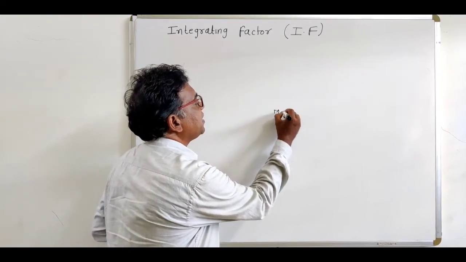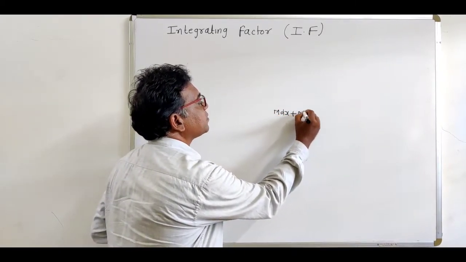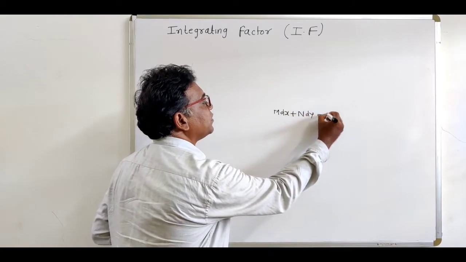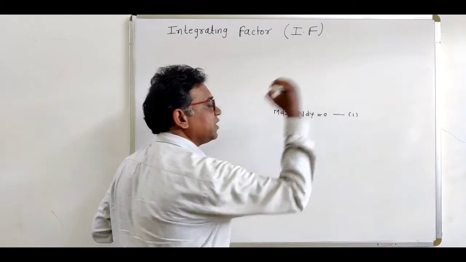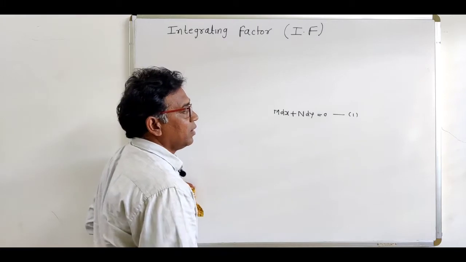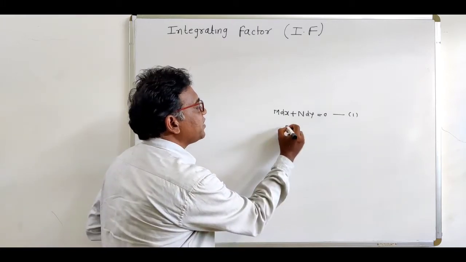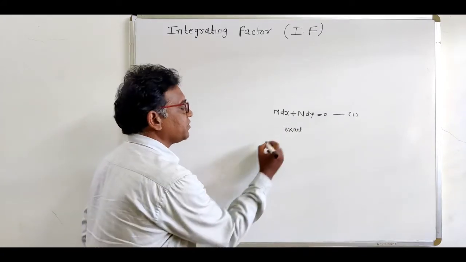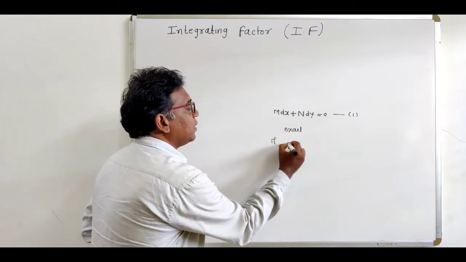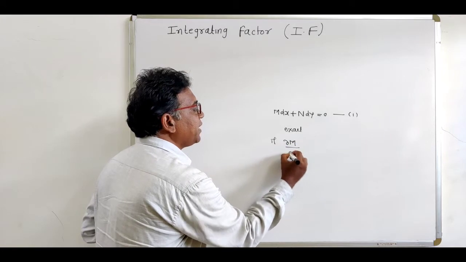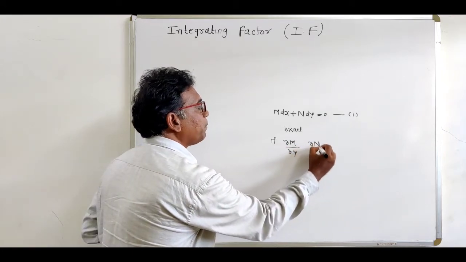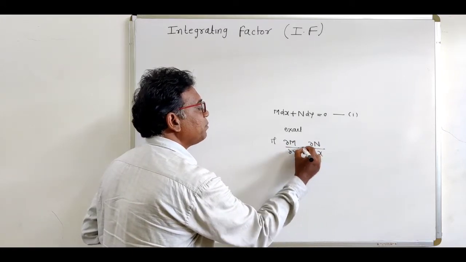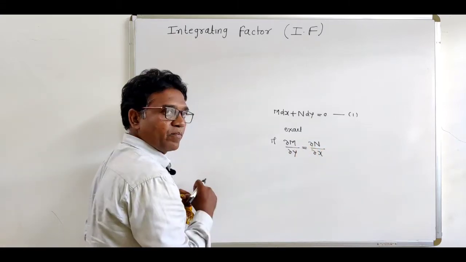Suppose this is the given equation, M dx plus N dy equal to 0. This differential equation is said to be an exact differential equation if the partial derivative del M by del y and the partial derivative del N by del x are equal.